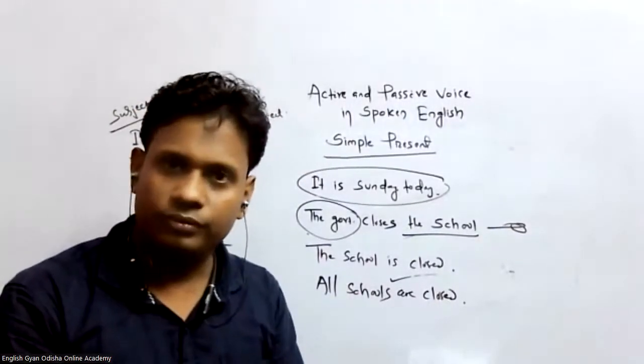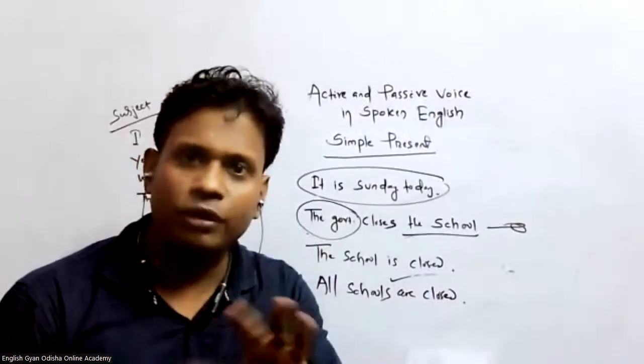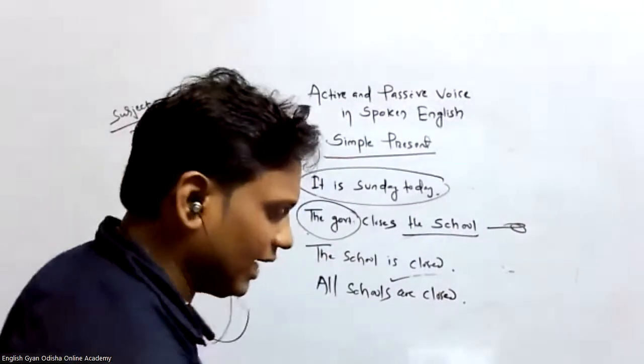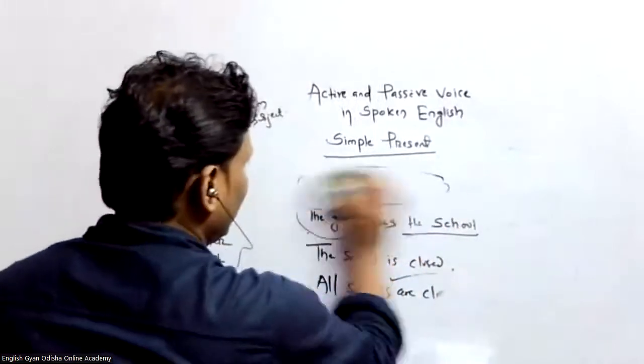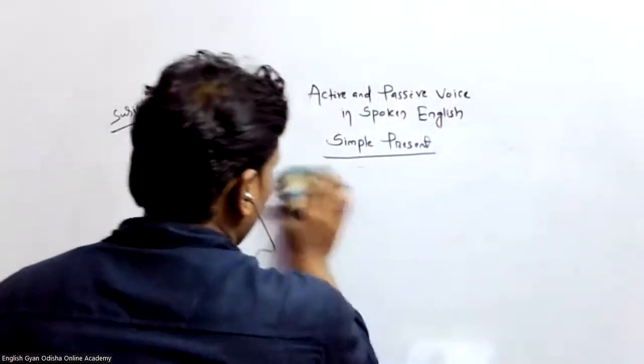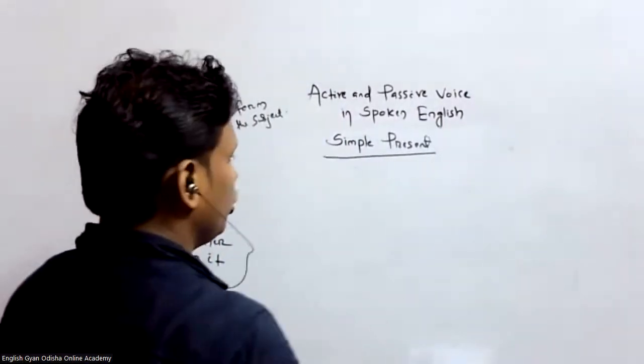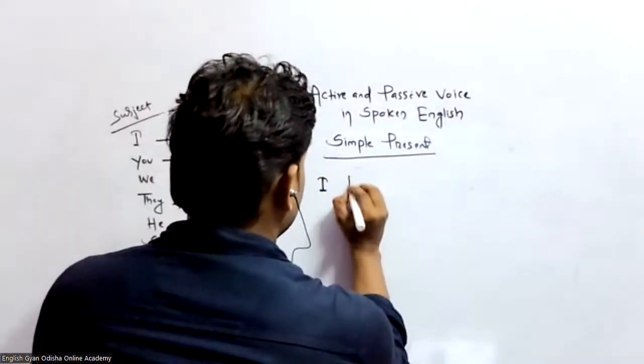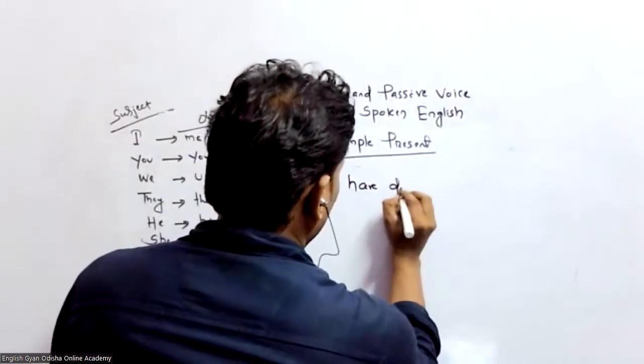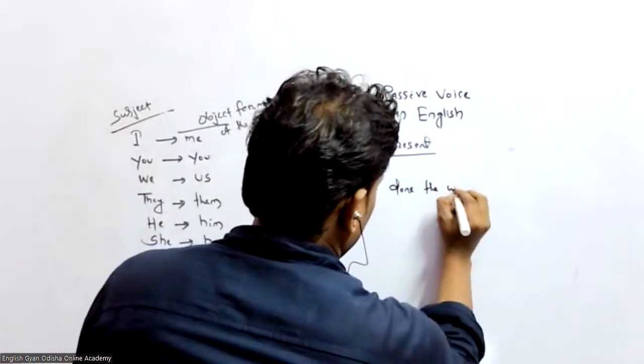Suppose I say, look, let me give you an example. With an example you will understand why I am not allowing by. Suppose I say I have done the work.